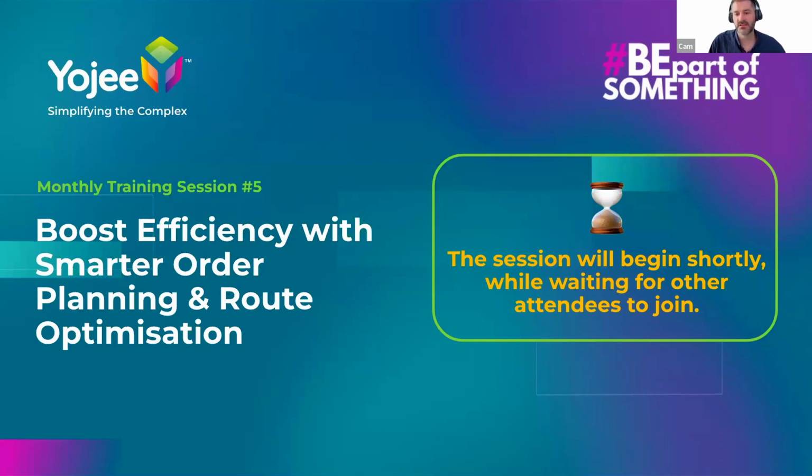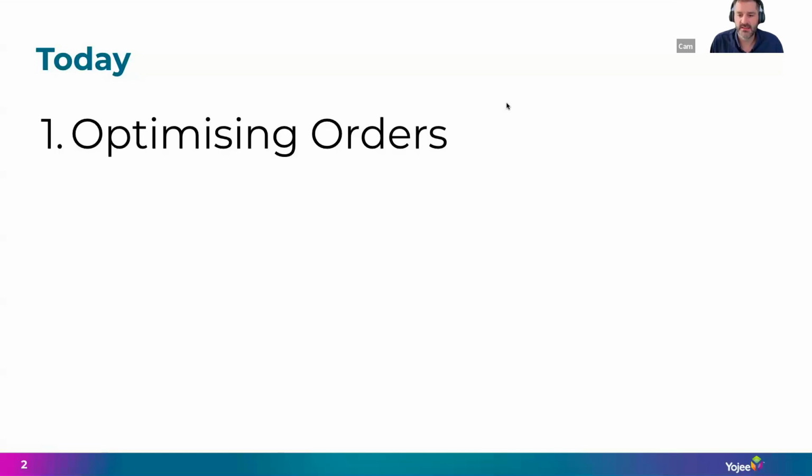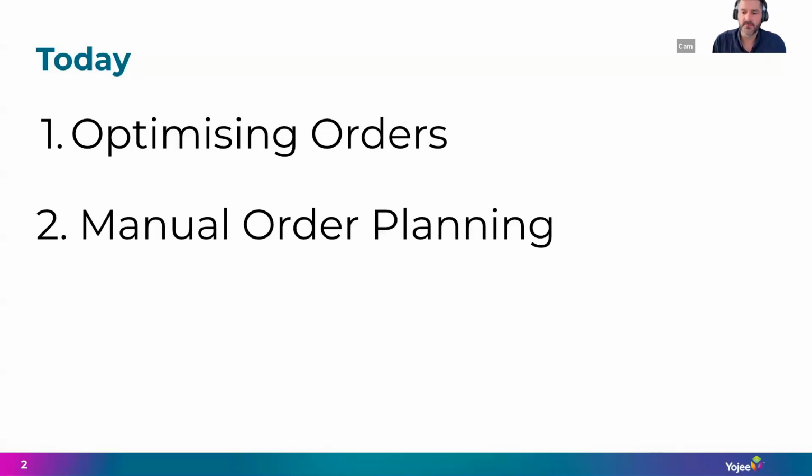Over the next few minutes, we'll cover three key aspects of the Yojee platform. What we'll be covering today is order optimization: optimizing your drivers' order runs for efficient task management, which helps ensure efficiency.